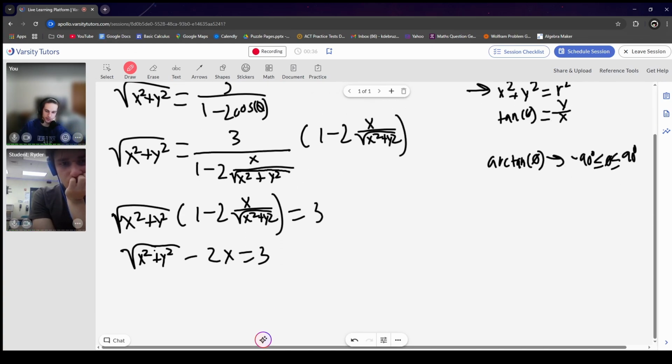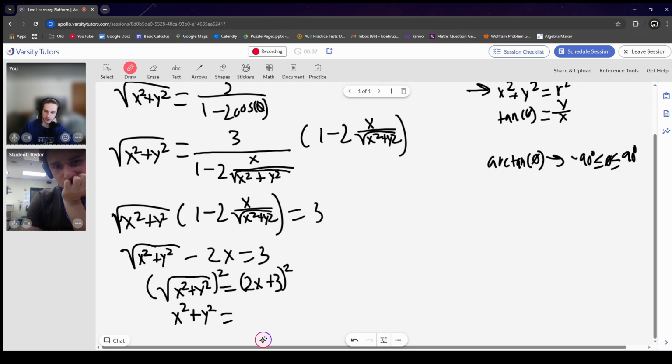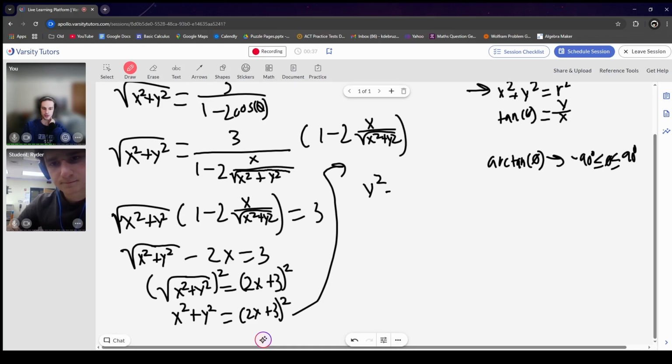Then I want to get rid of the square root, so the square root of x squared plus y squared is equal to 2x plus 3. Square both sides. So x squared plus y squared equals 2x plus 3 squared. And then you can just subtract the x squared over. Yep. So we're going to get y squared equals 2x plus 3 squared minus x squared.